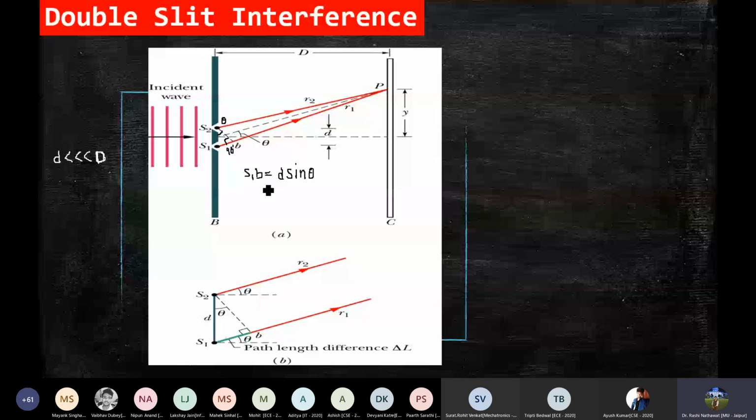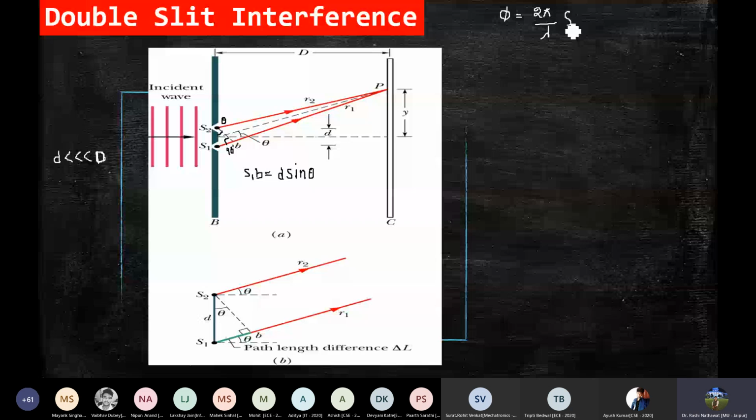Let's do some mathematics and find out the maxima and minima condition. Now we know a relationship between path difference and phase difference, which is phi equals 2 pi by lambda into delta.